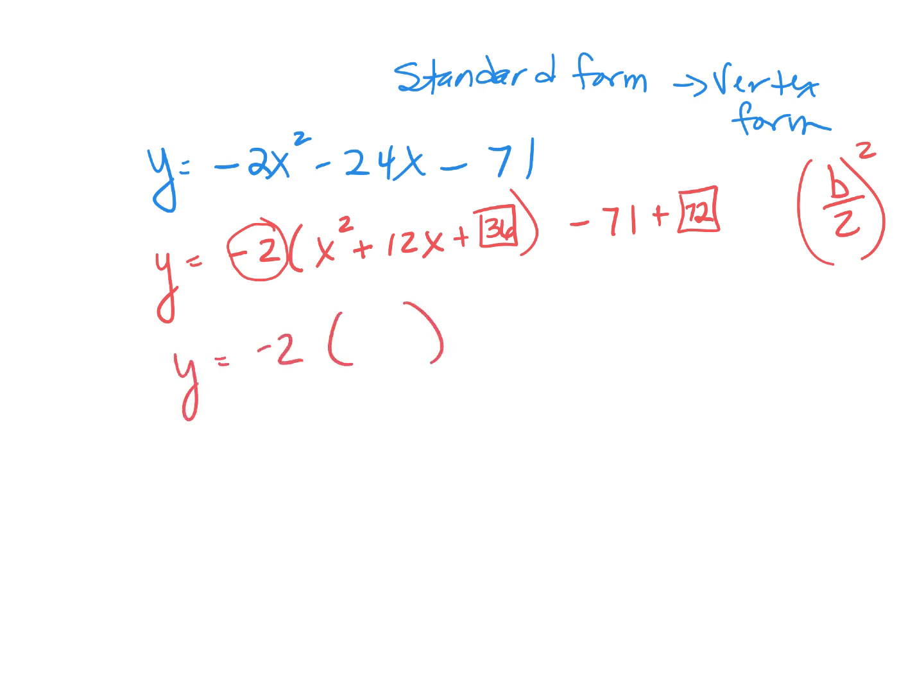And now, since you're completing the square, it's always going to give you something squared. So what times what is x squared? It's x. And then you put this sign and the square root of this guy. And that is how you factor x squared plus 12x plus 36. What times what is 36?